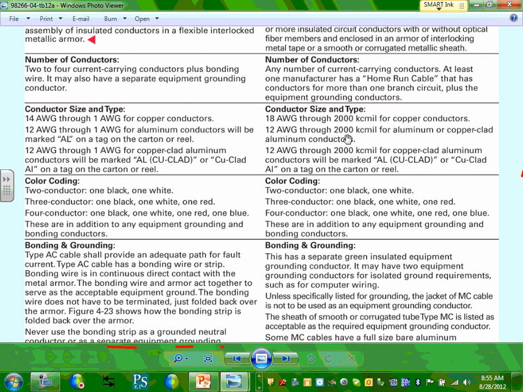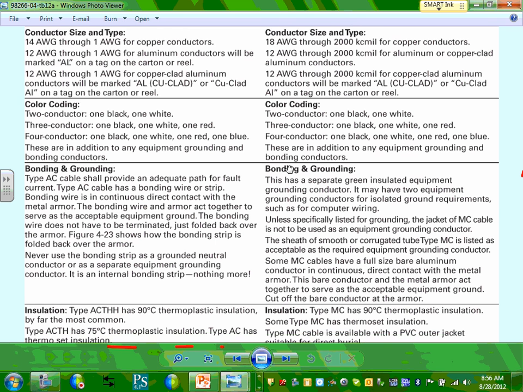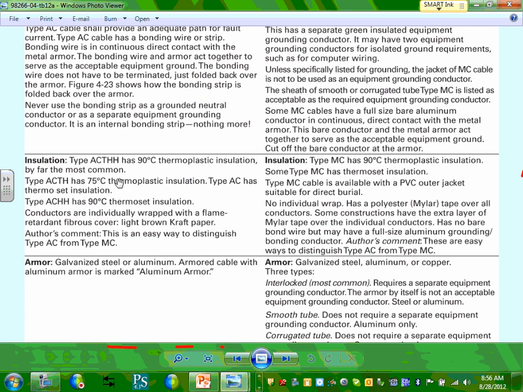So that's where color coding, you have black, white. They have the black, white, red, and different color coding. Equivalent grounded conductor, each one of them have. Bonding and grounding in MC cable have its own insulated grounding conductor. The insulation they have, both of them have 90 degree insulation, and we size them based on 75.